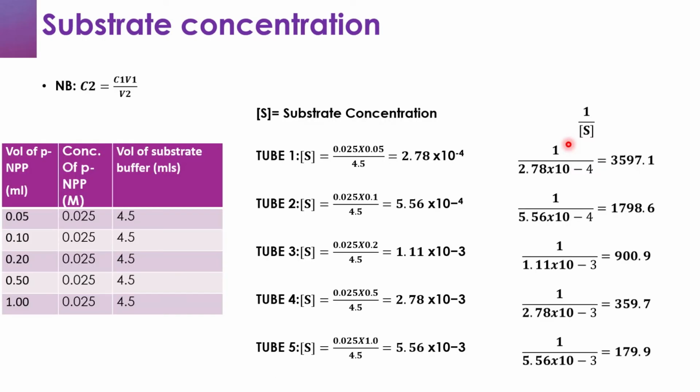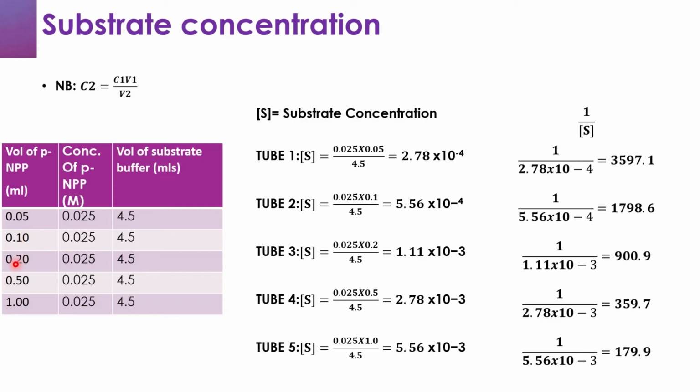So the next is to calculate our substrate concentration for each of the reactions. So first of all, let us take a look at the table over here. For the first reaction contained in the first test tube, this is the volume of our PNPP used. For the second test tube, this is the volume of our PNPP used.